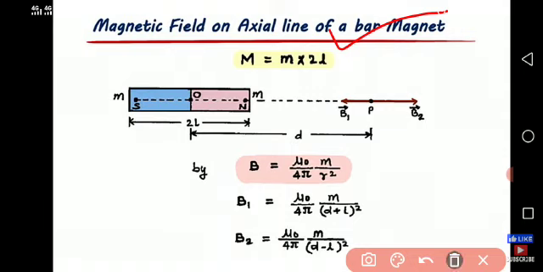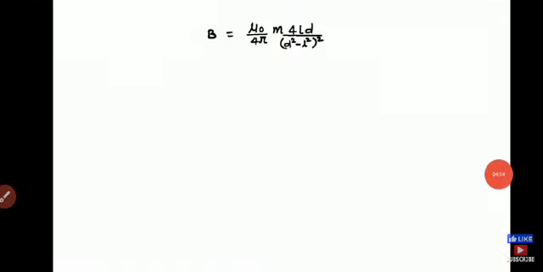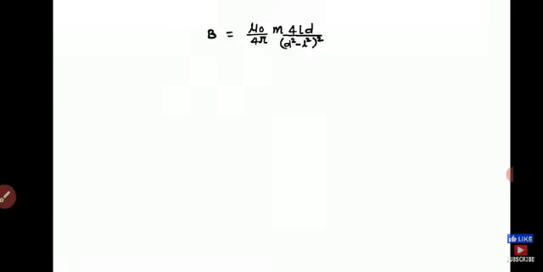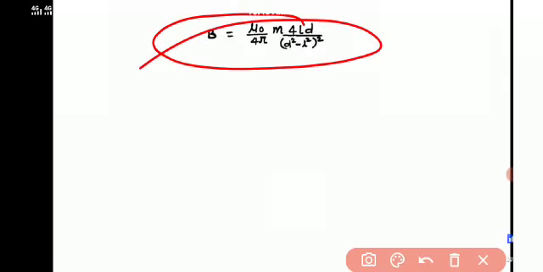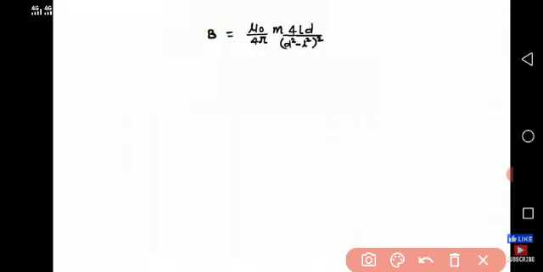Dear students, after simplifying we are getting mu naught upon 4 pi, m into 4 L d, upon (d square minus L square) whole square. So this is the simplified expression which we are getting for the magnetic field.